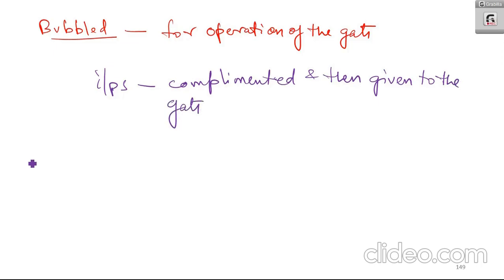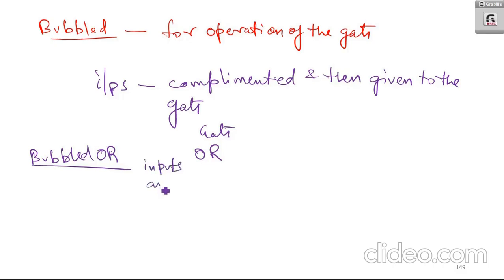For example, if it is a bubbled OR gate, gate is OR, but the inputs are bubbled. Inputs are bubbled or complemented. Okay. So we will go into details of that.